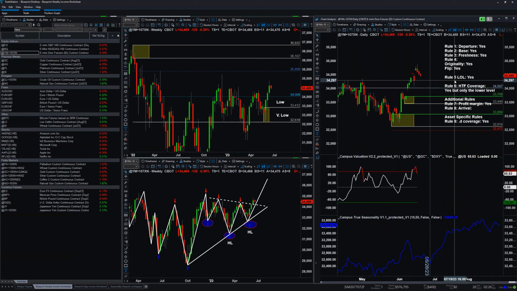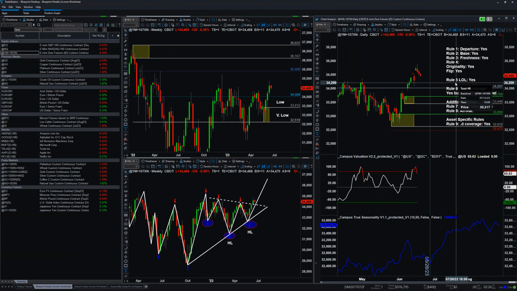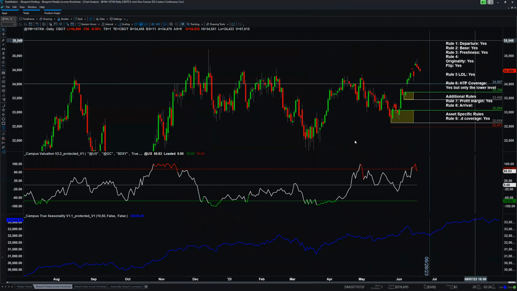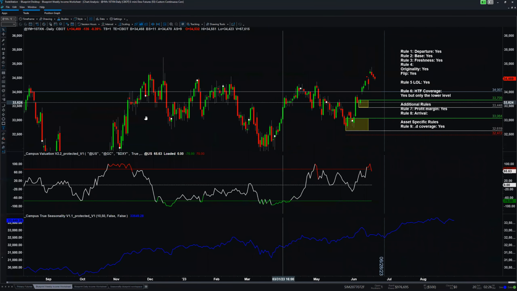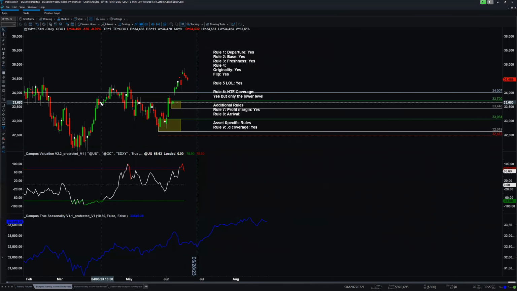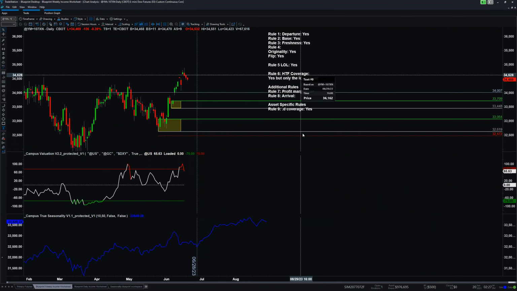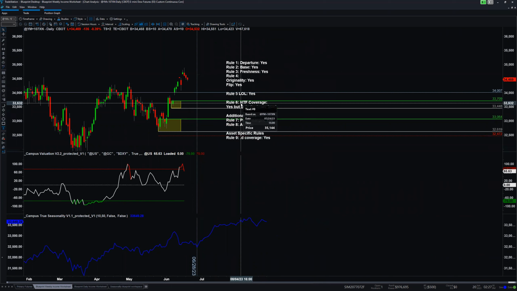And now we just have to agree on how we're going to set that trade, right? How are we going to set that trade? And this is where seasonality is going to be super powerful. Seasonality is going to allow us to tweak our rules.